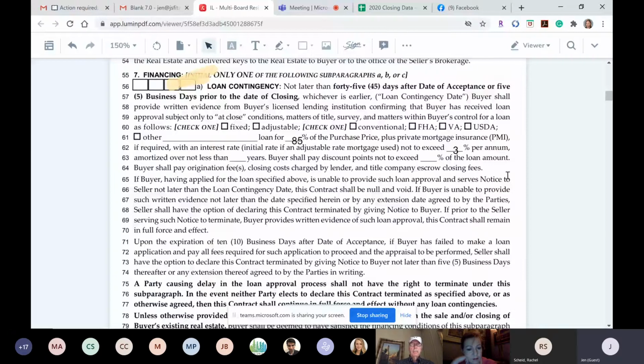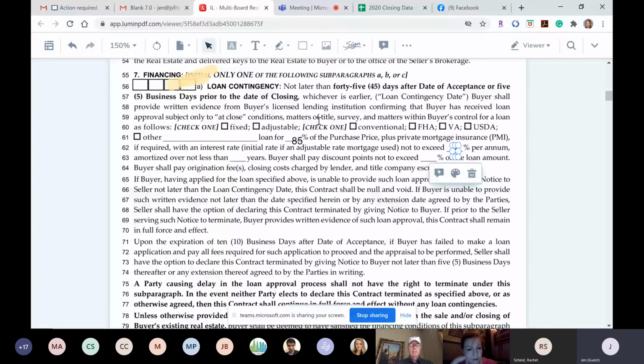They can walk away, they can get their earnest money back, no problem. That's the whole purpose for the loan contingency, not to let the seller in on their business about how much they're borrowing or anything. This is solely for the ability to walk away if they can't get this loan. Does everybody understand that? It's super important because this is just for your buyer's protection.